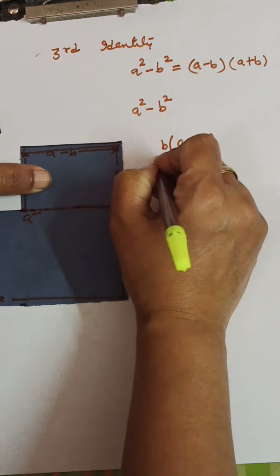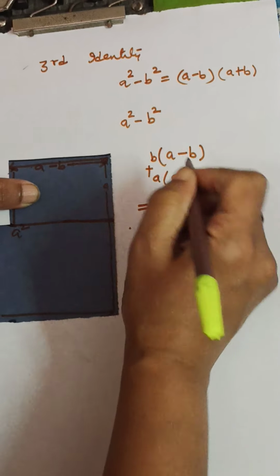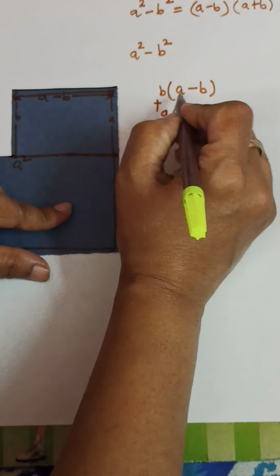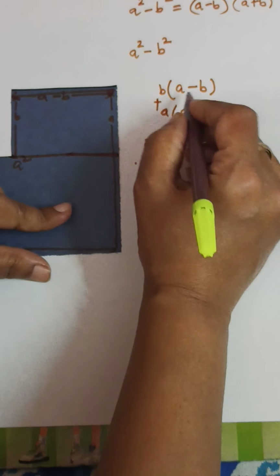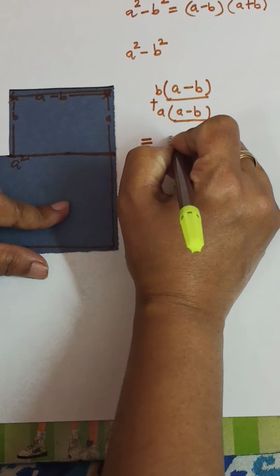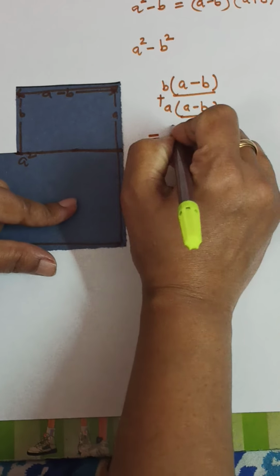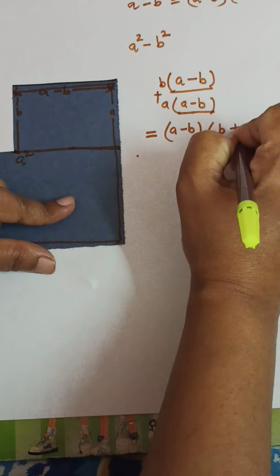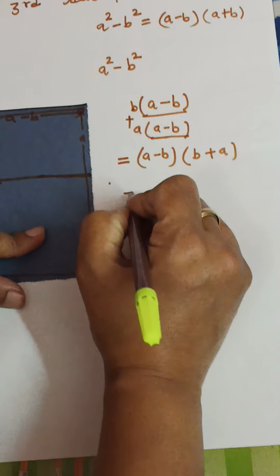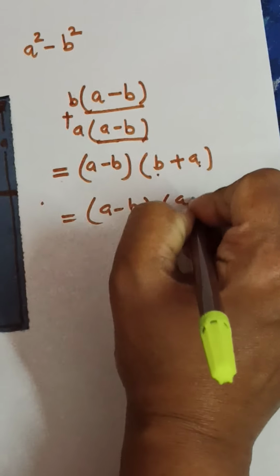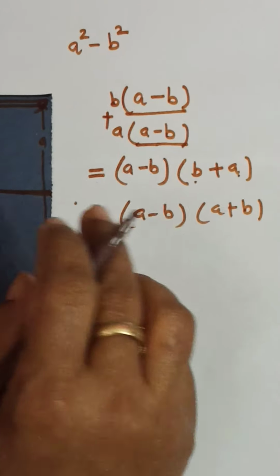Now add B times A minus B and A times A minus B. Take common A minus B. The common factor is A minus B. We can take it out. What is remaining? B plus A. So we can write A minus B times A plus B. And it was also A square minus B square.